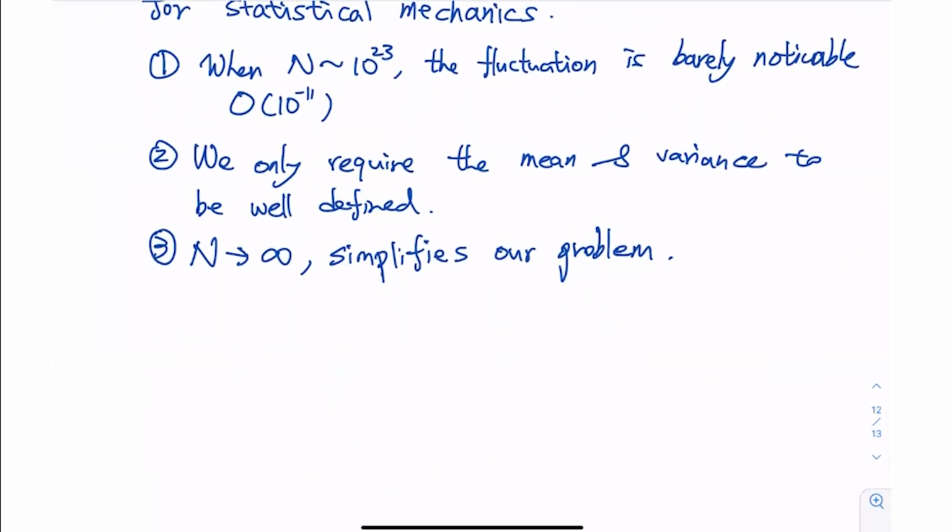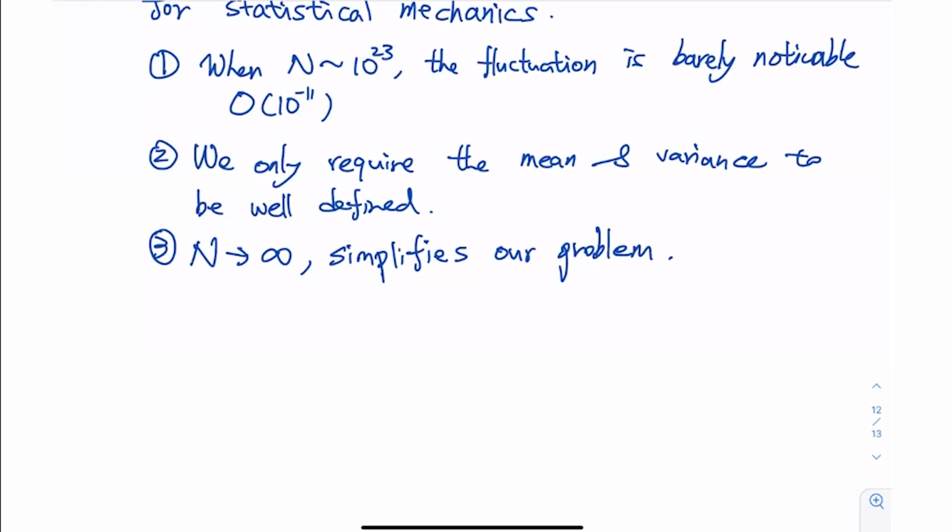And there will be a homework about the central limit theorem, but I'm not going to talk about that too much at this moment. I just want to motivate why we talk about statistics and what we have done here.